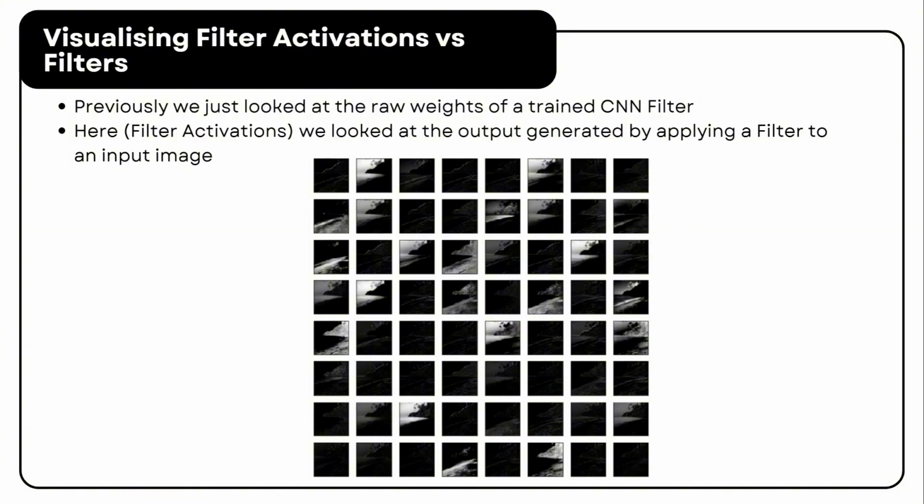Okay, now let's take a look at something slightly different. Here we're looking at filter activations generated from an image of a beach. It might be a little hard to tell due to the small size, but you can make out elements like the sky, the sea, and the sand.